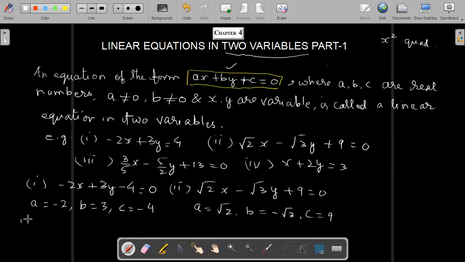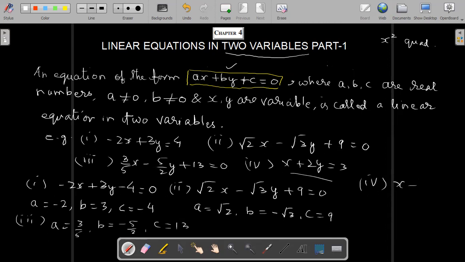Similarly, in equation number 3, a is equal to 3 by 5, b is equal to minus 5 by 2, and c is equal to 13. As it is already written in the standard form, there is no need to convert. But here you have to bring the 3 to the left hand side first.